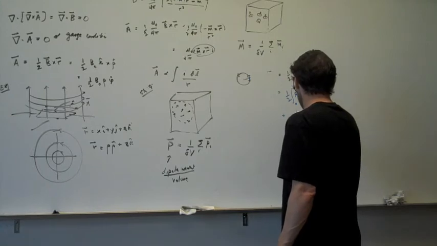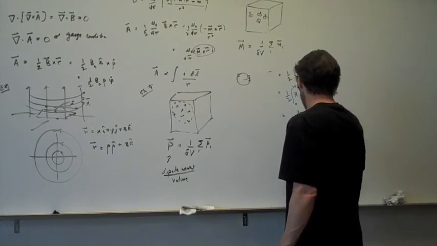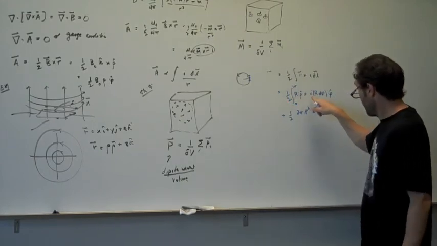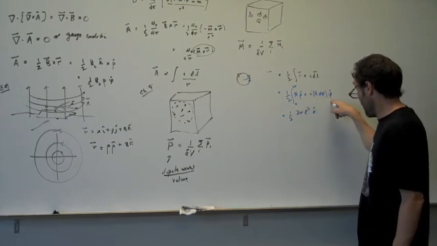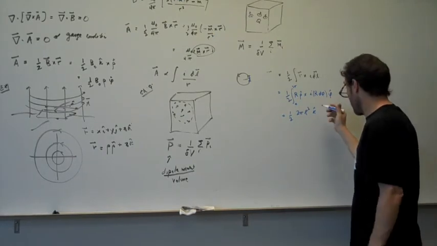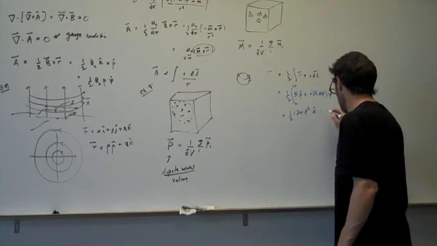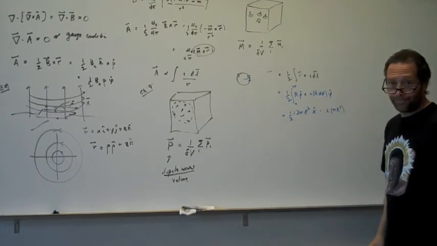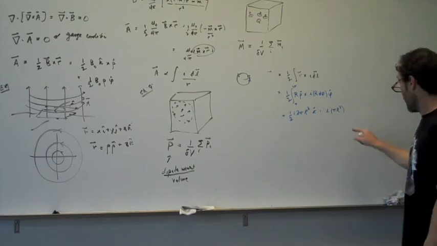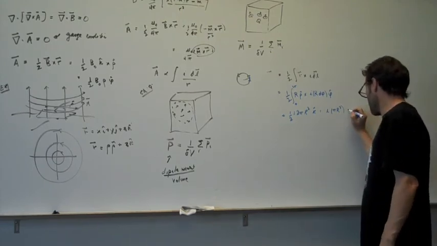This is then 1/2 times I times 2 pi r squared k hat, which is I times pi r squared, which is I times the area, k hat.